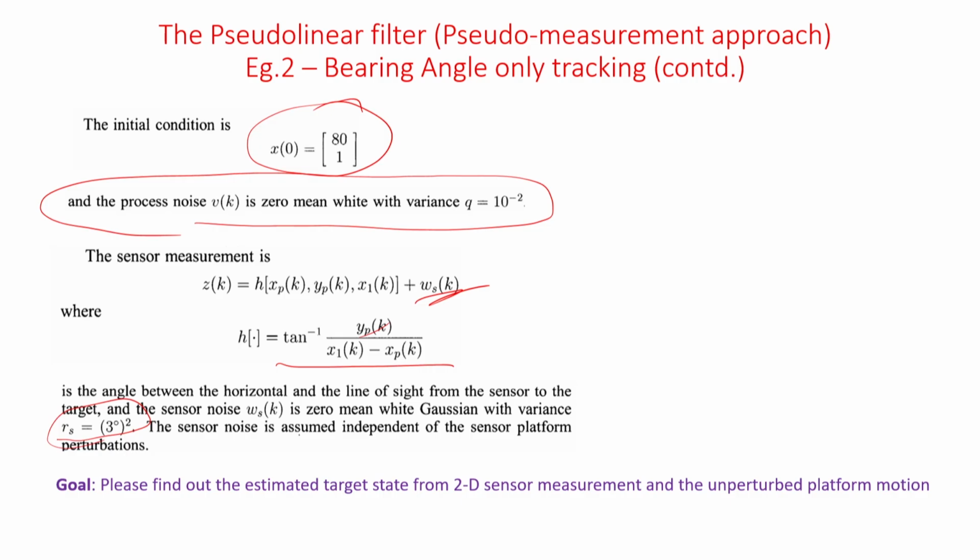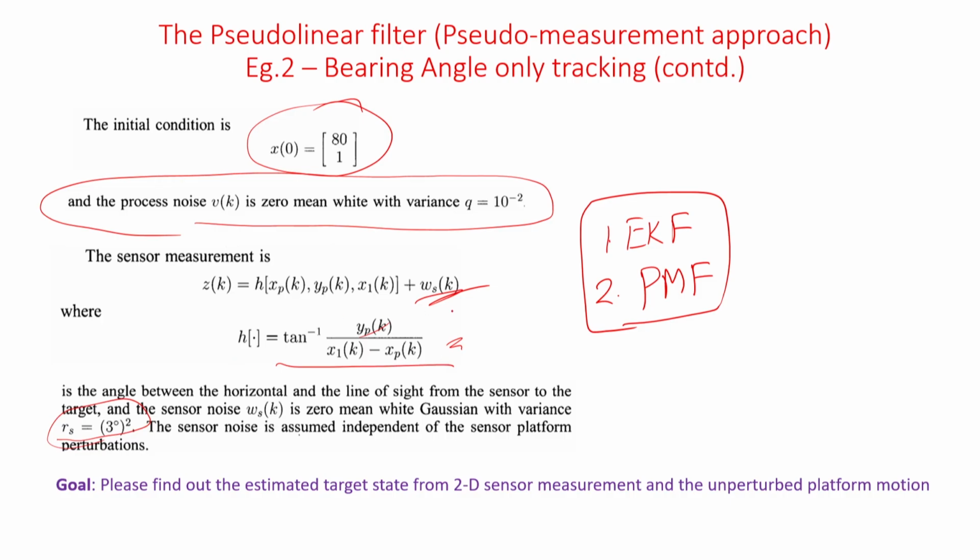Now, we need to find the estimated target state from this sensor measurement, and we will deploy first the EKF, the extended Kalman filter, and second the pseudo measurement filter. EKF we will deploy straight away, and then the pseudo measurement filter, and we will see the performance, how they actually work.